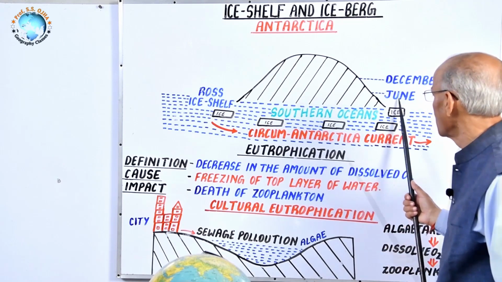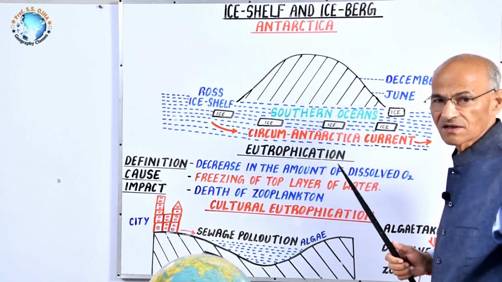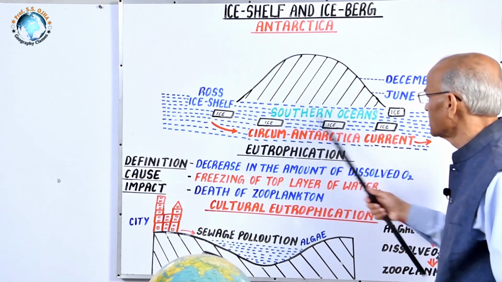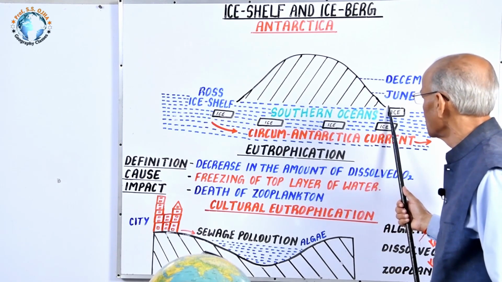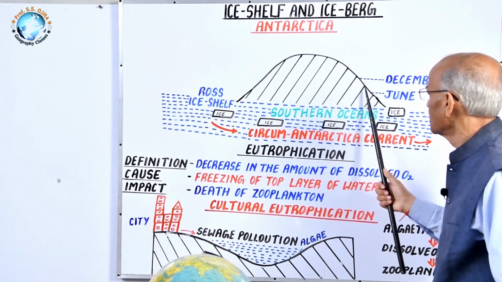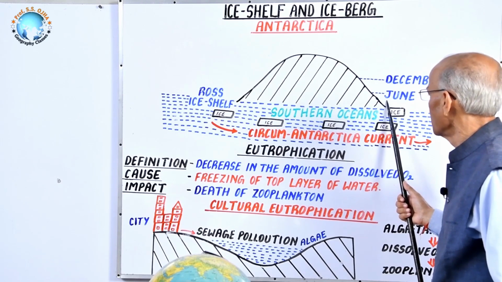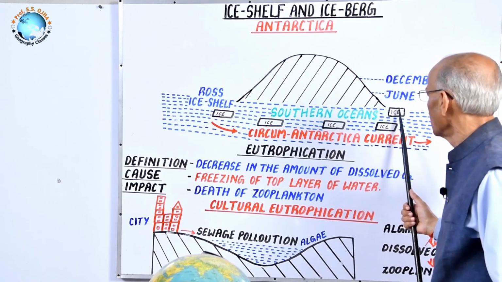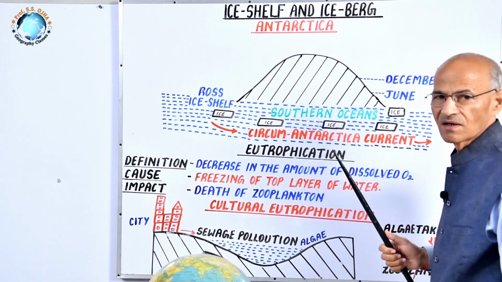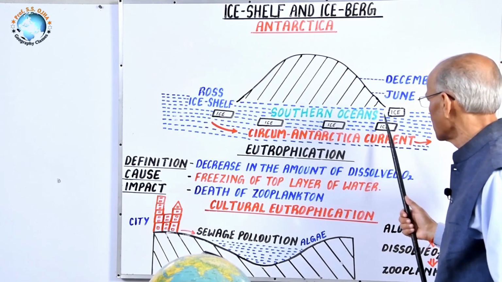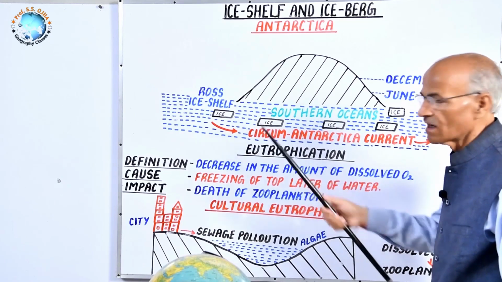You will jump here, and due to the jerk caused by jumping, this ice shelf that was physically connected with the ice sheet of the Antarctica continent will be broken, and now it will become an iceberg and it will move northward, and all directions here are north.